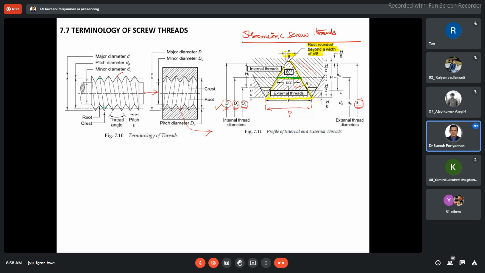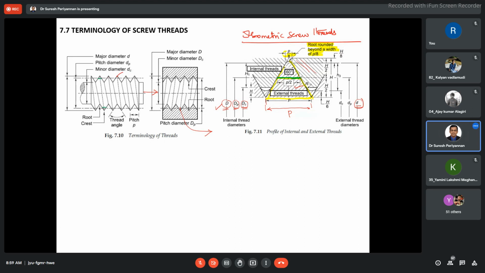Now, there are some advantages of coarse threads. Coarse threads we mainly use for static load carrying capacity. Coarse threads can be easily prepared, and they are easier to cut than fine threads, because for fine threads we need very accurate tools. Then only are we able to cut the fine thread. These are the advantages.